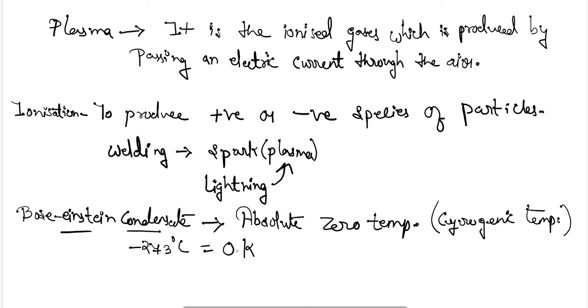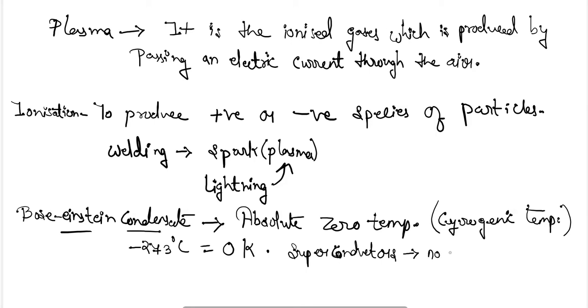Near this temperature, some substances behave differently. For example, superconductors are substances that, when brought near absolute zero temperature, start conducting electricity without any friction, that is, without any resistance.